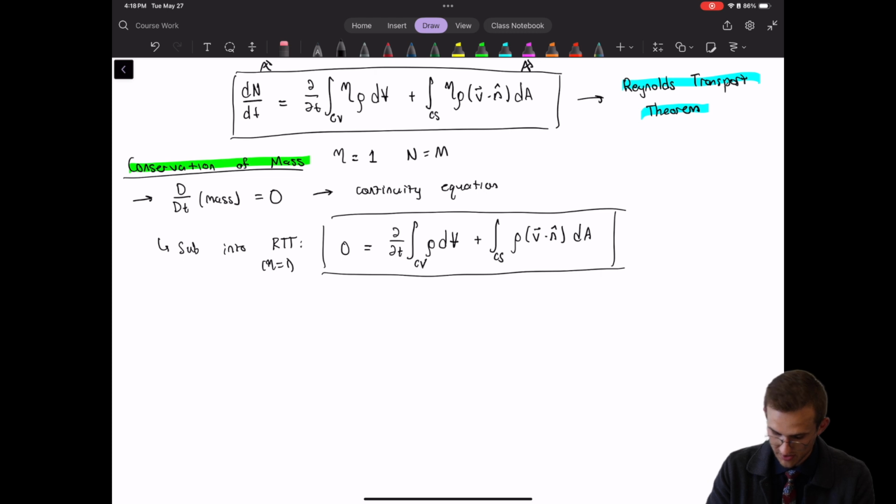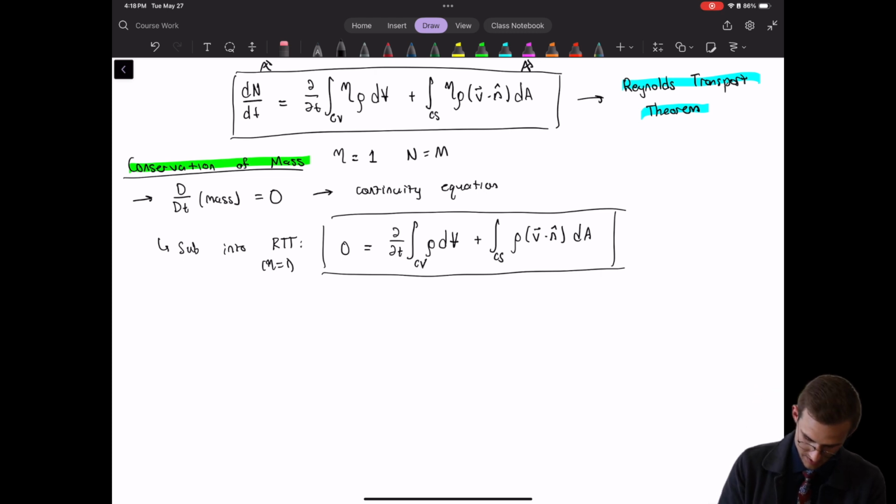So that's the continuity equation for a control volume. Okay? One example here.